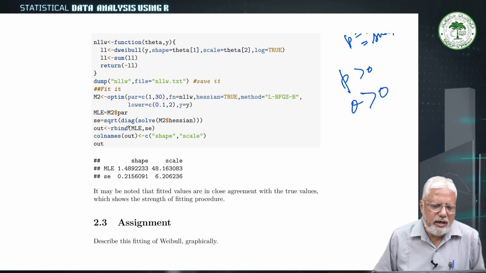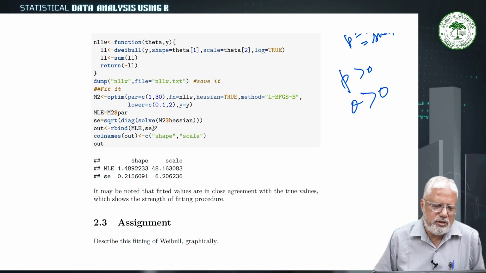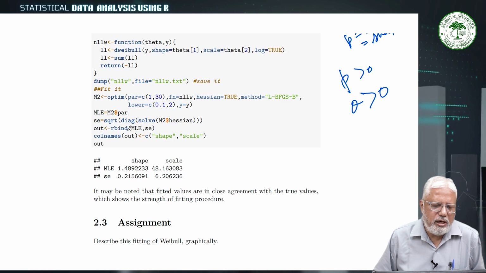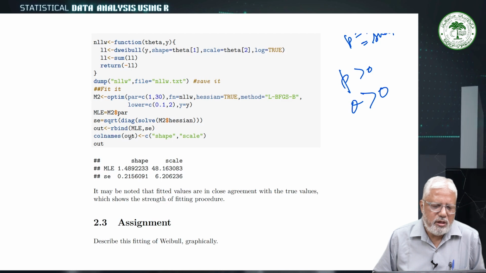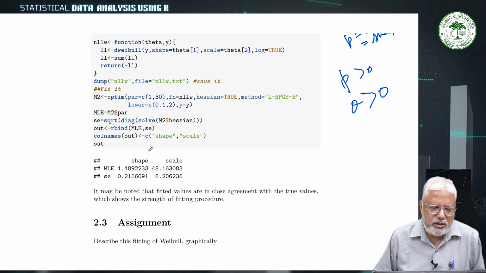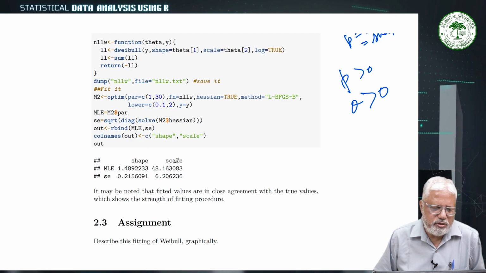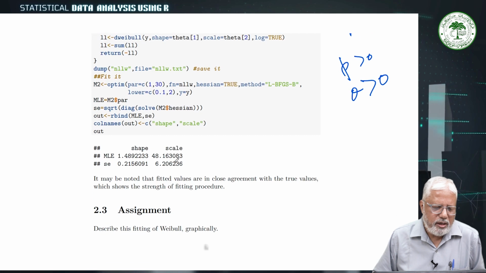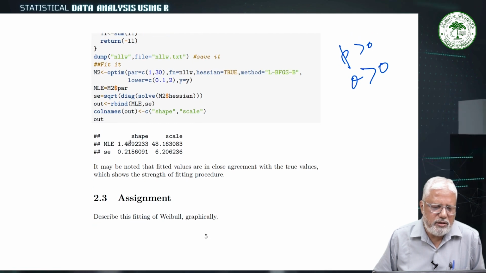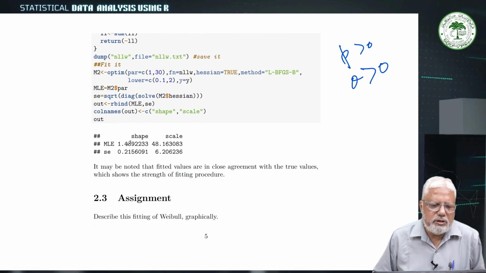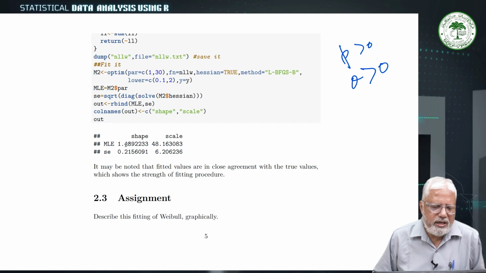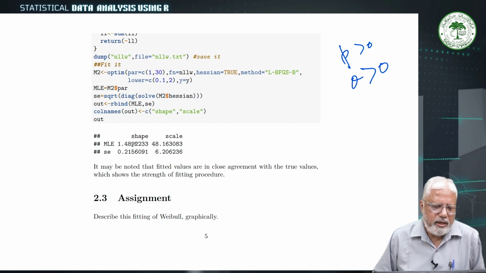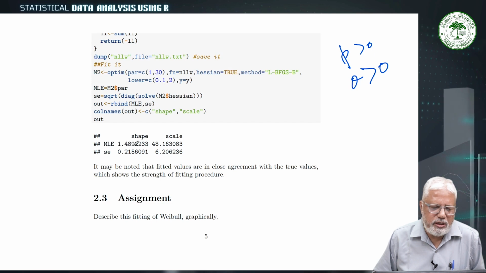Then out is rbind of MLE and SE, and colnames of out are shape and scale. So these are the column names, and these are the results. We started the simulation with shape equal to 1.5, and the maximum likelihood estimator is 1.48.